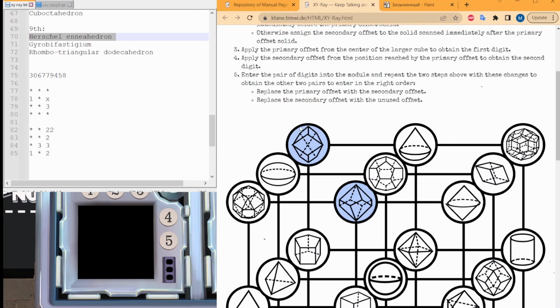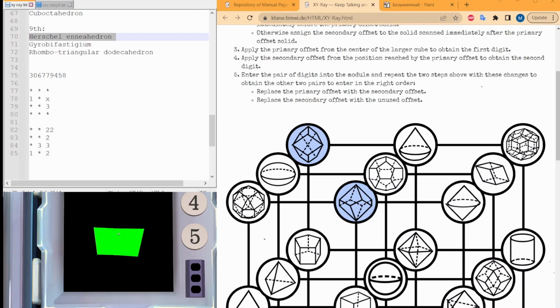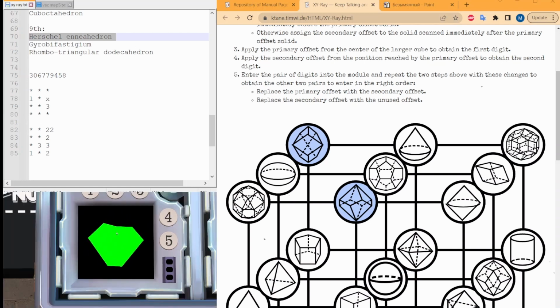So the only thing that I can try is count the number of vertices of 4, so let's do that.